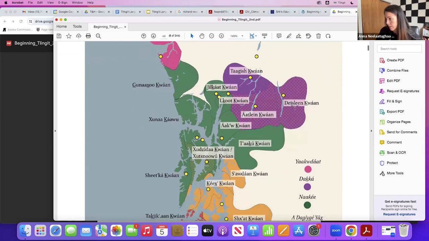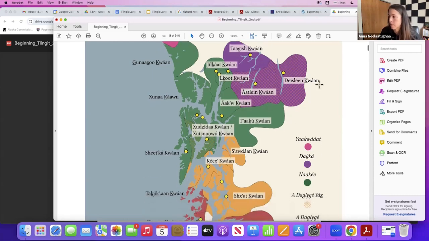This is the Teslin area, and if you were living in Teslin, you would say Deisleen Yéedi. I live at Teslin. If you're ancestrally from this area on your mother's side, then you are Deisleen Kwáan. So saying Kwáan means the people of that area who have ancestral ties to it.